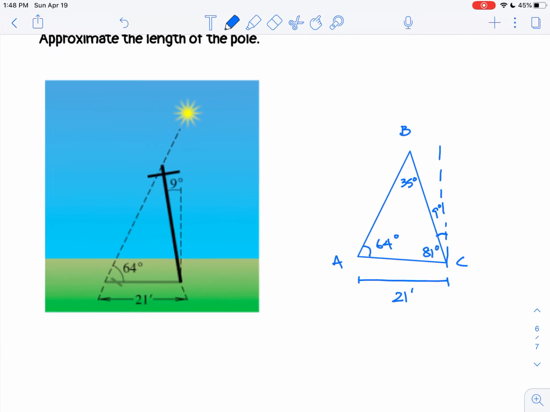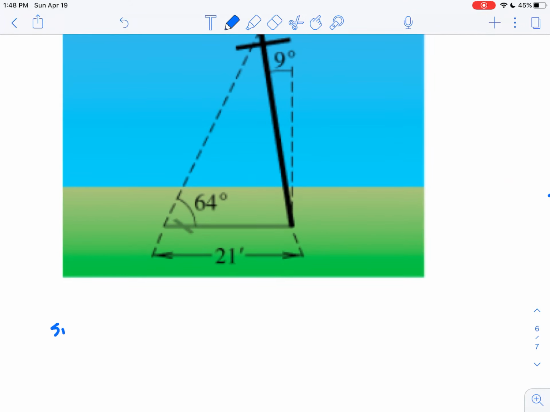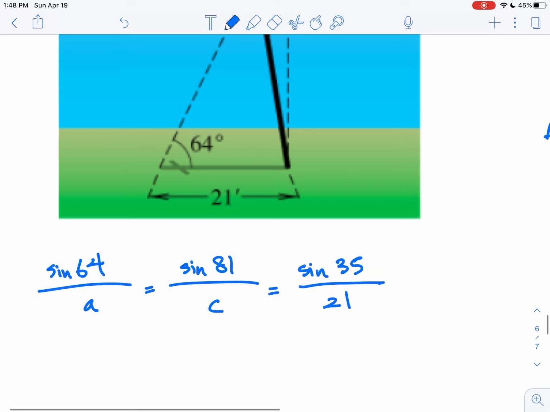Now let's zoom back out and set up our law of sine. Sine of 64 over little a equals sine of 81 over little c, which equals sine of 35 over 21. It doesn't have to be in order like A, B, and C. It could be any of the orders. But do I have a full pair here?